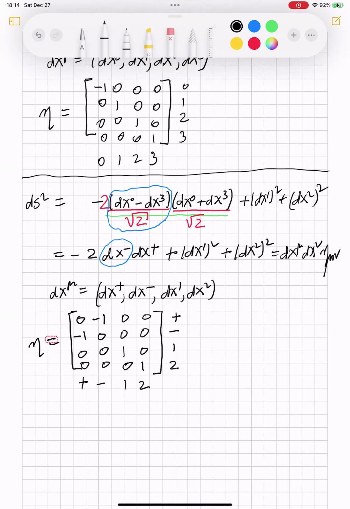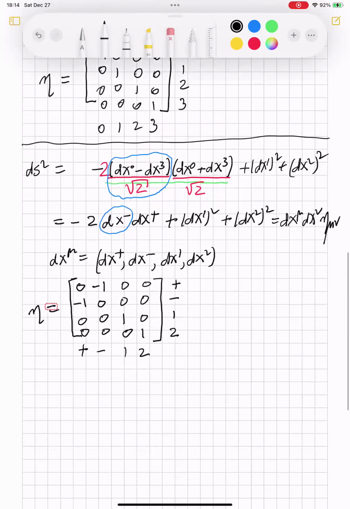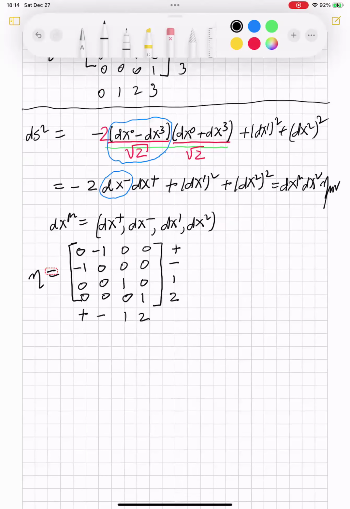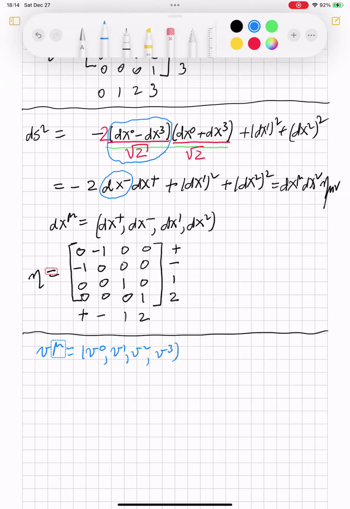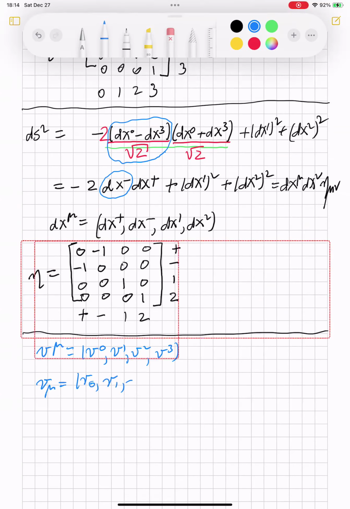Now, getting used to light cone coordinates, it's straightforward, it's not too difficult, but I just want to point out one thing. So in normal coordinates, you are used to the idea that if v mu is equal to v0, v1, v2, and v3, then v mu down will have the 4 indices down.